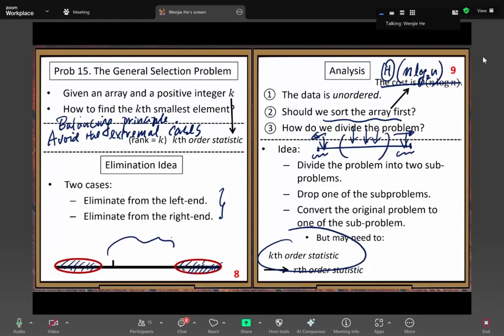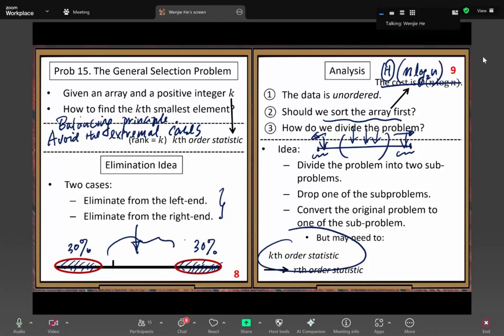If you look at the details of the algorithm given in our textbook, this part is 30% of the data, and this part is another 30% of the data. So your divide point is somewhere between, left 30%, right 30%.